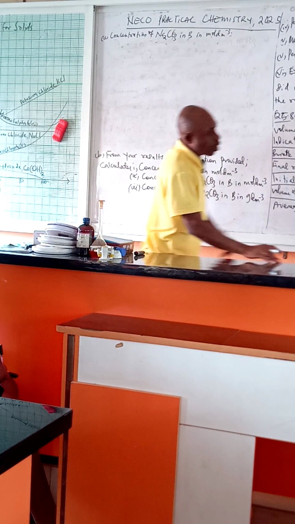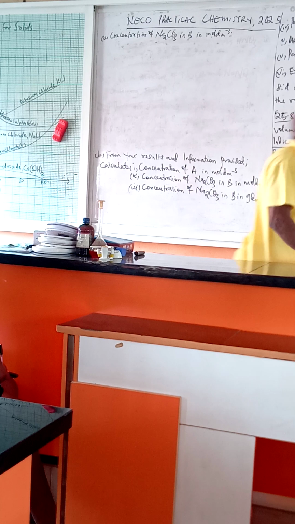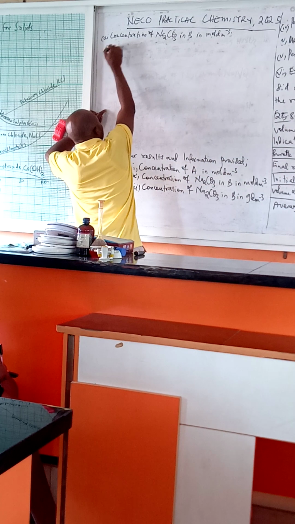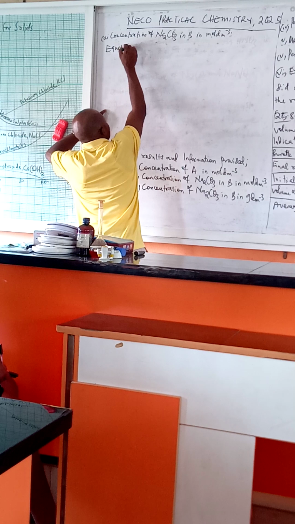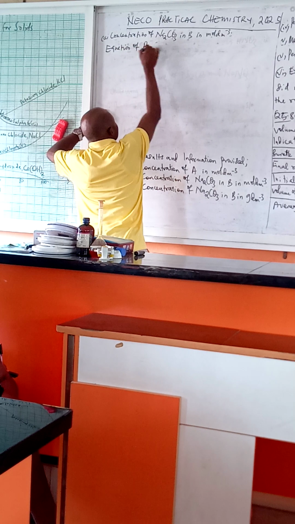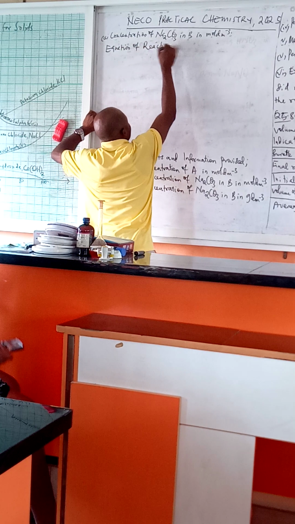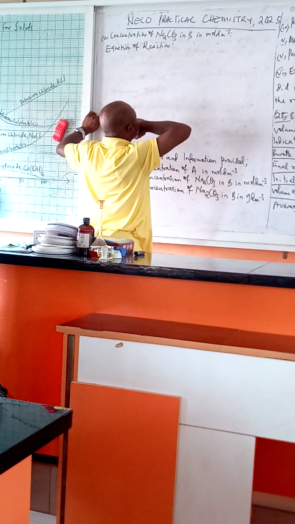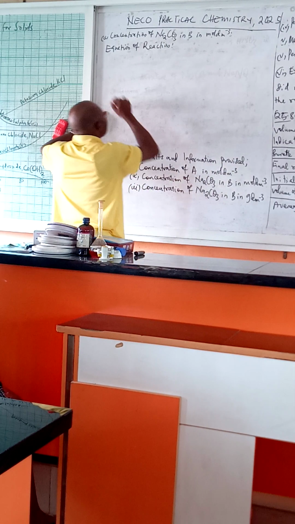Since you have gotten the concentration of A in mole per dm³, here we're going to use the general formula. Before then, the first thing is to get your equation of reaction. Remember that it is only Na2CO3 out of the mixture that reacted with the acid.